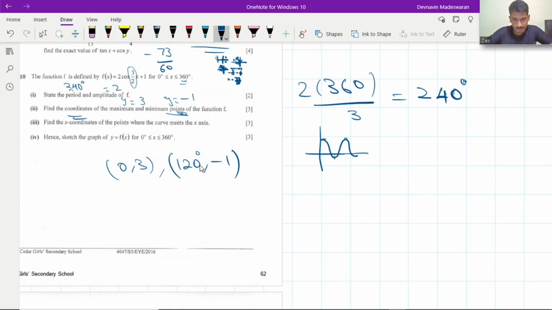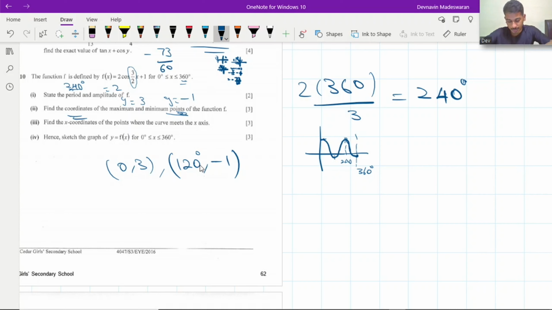How many waves are there going to be? That's one period, and there's going to be a half period left. So it's going to end like here. So this is going to be 360 degrees.